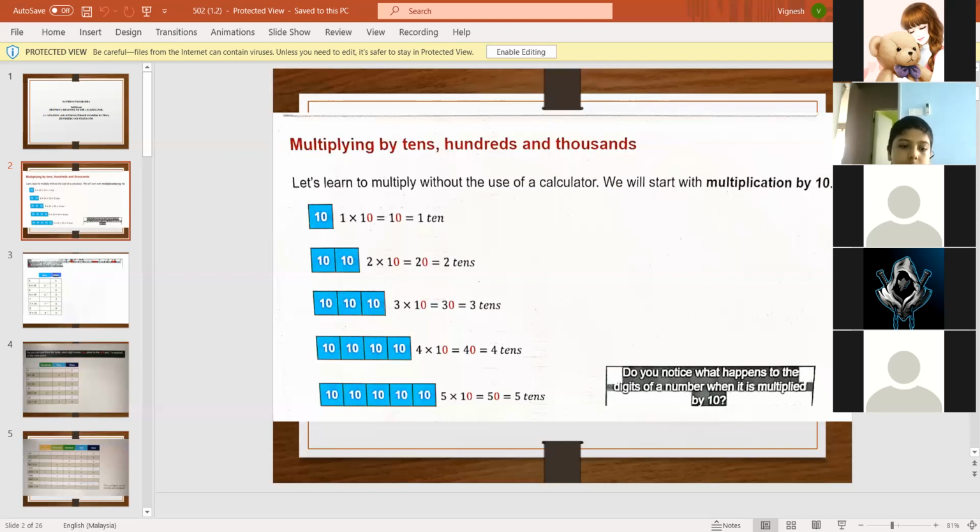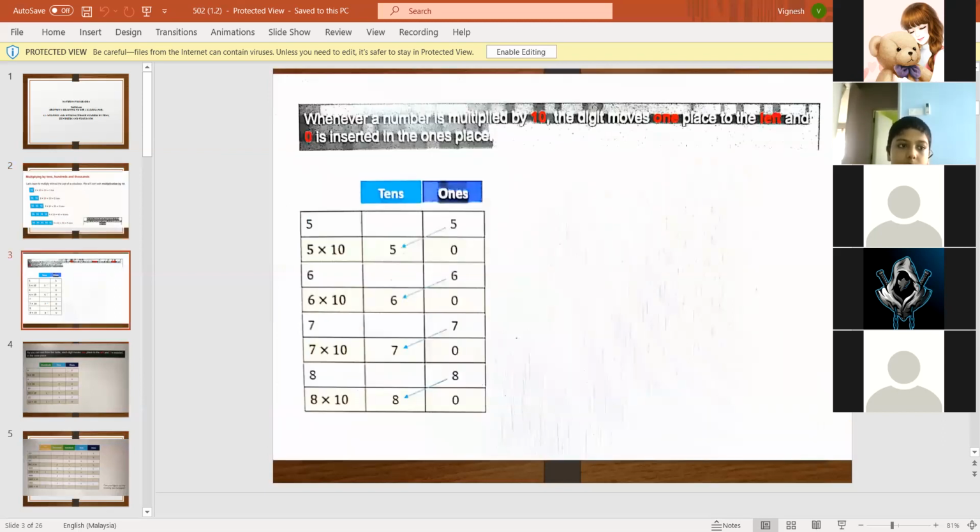Okay. Whenever a number is multiplied by 10, the digit moves one place to the left and 0 is inserted in the ones place. As the box is shown here, look at the box, tens and ones. Number 5 is in the ones place.